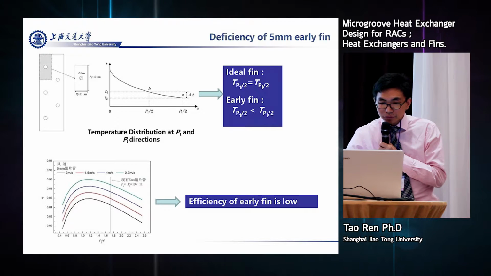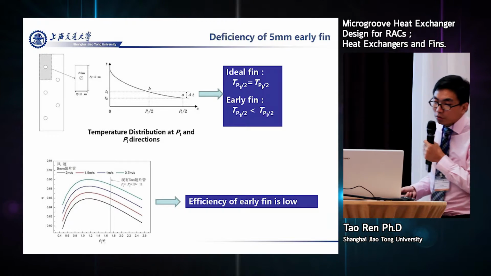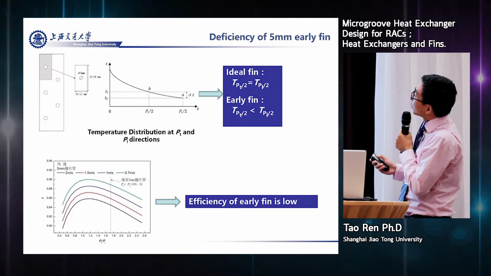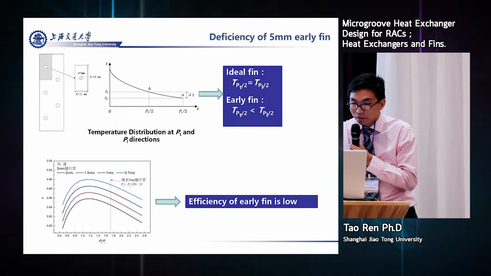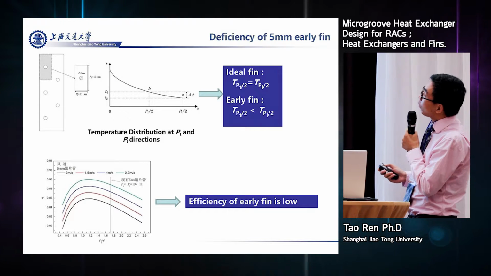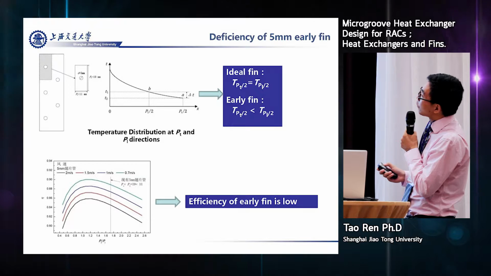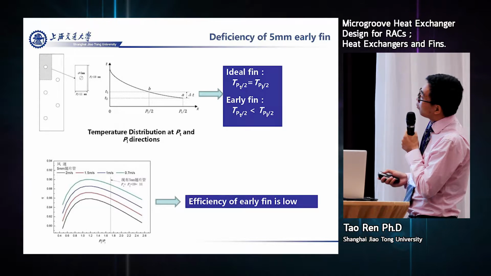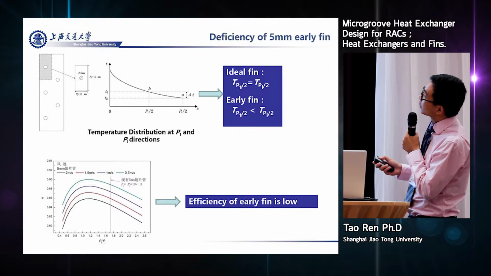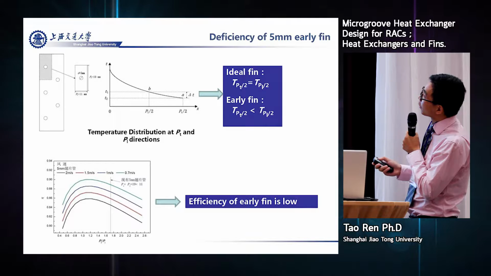So if we want our fin to be more efficient, we hope the PT is this distance, and the PL is this distance from here to here.